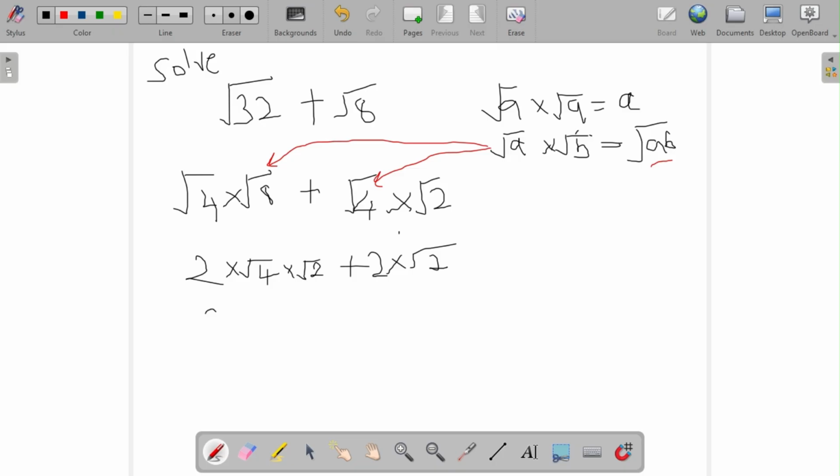So 2 times 2 times root 2, plus 2 times root 2 will give you 2 root 2. Now 2 times 2 is 4. That's 4 root 2.